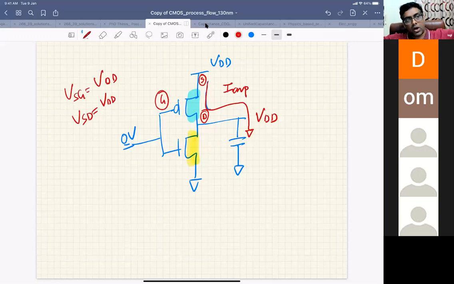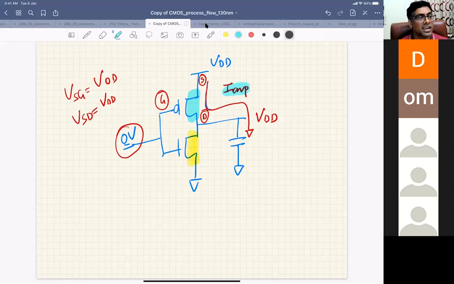So if you give 0 at the input, the output will be 1, but how quickly the output becomes 1, that is your delay. Delay is nothing but how fast this capacitor is charged, and that depends on the on current.